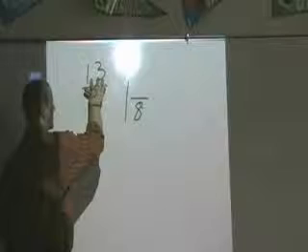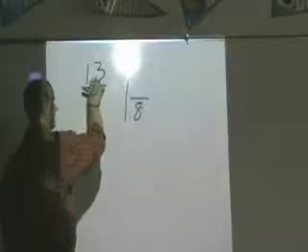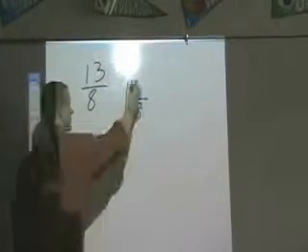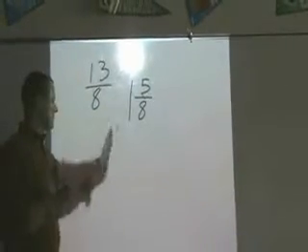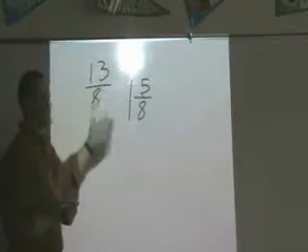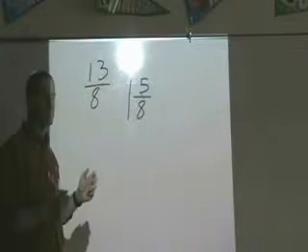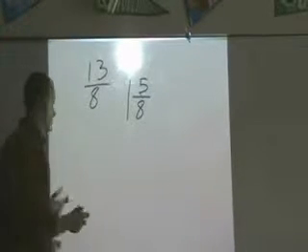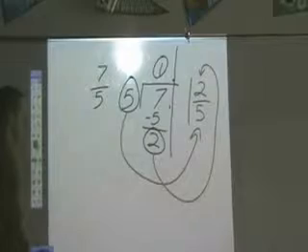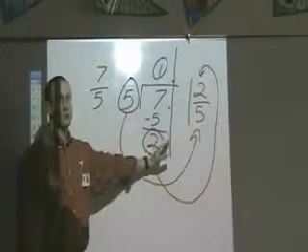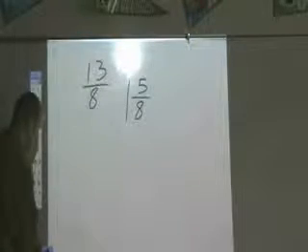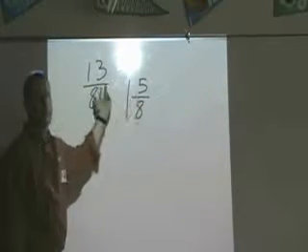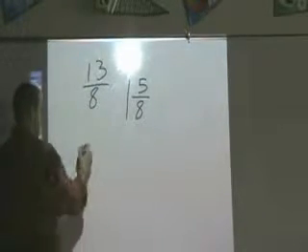So if 8 can go into 13 once, subtract 13 and 8, what do you get? 5. That's just doing the division in your head. That's just a simple, short, sweet method. Some students take it that way. The majority of students take it the other way, this way. This is how the majority of students think. This is perfectly fine. For some students who like to think a different way, you can do it this way. Okay? Let's do another example.